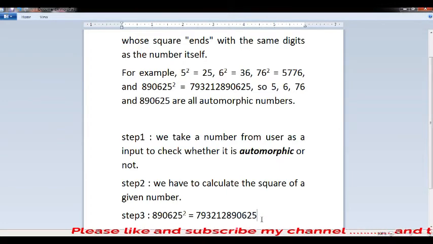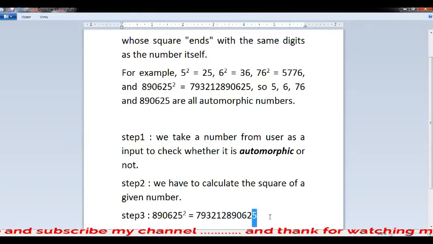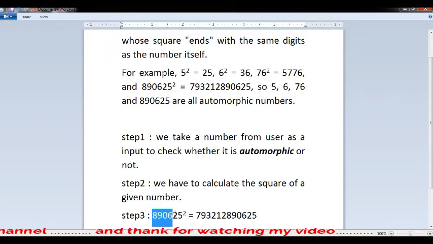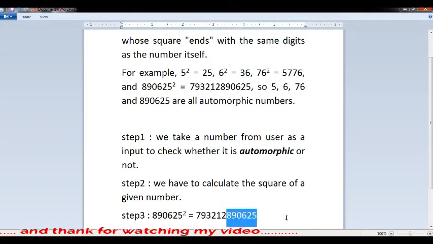When we use the remainder operator by 10, we get the last digit. But we don't want just the last digit or first digit. We want the 6-digit number from the last, exactly the last 6 digits.